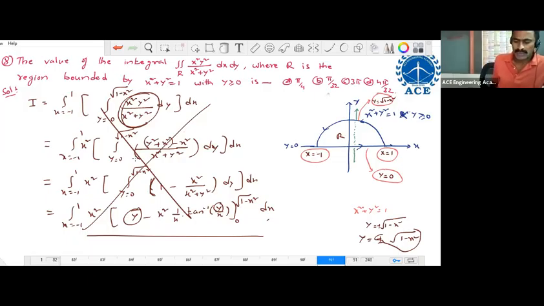So we make it a simple problem by converting Cartesian to polar so that we can do this problem in an easy way. This is the Cartesian form. Now we draw the same region in polar form and try to evaluate the integral.